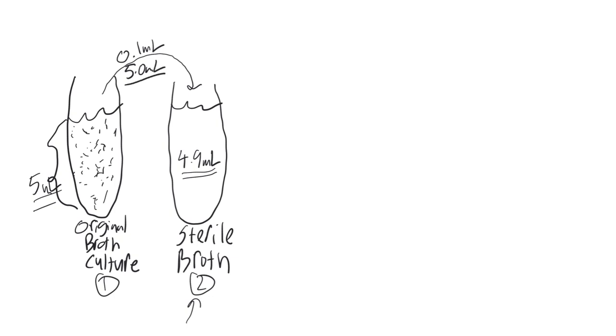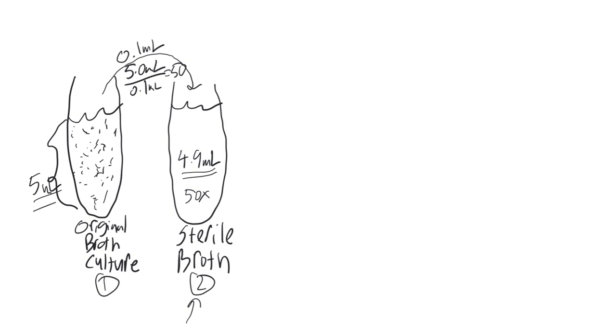If I divide that by 0.1 milliliters, I get 50. So the dilution factor in this tube is 50x. To restate it another way, the amount of bacteria in the second tube is 50 times more diluted than the original culture, the first tube.